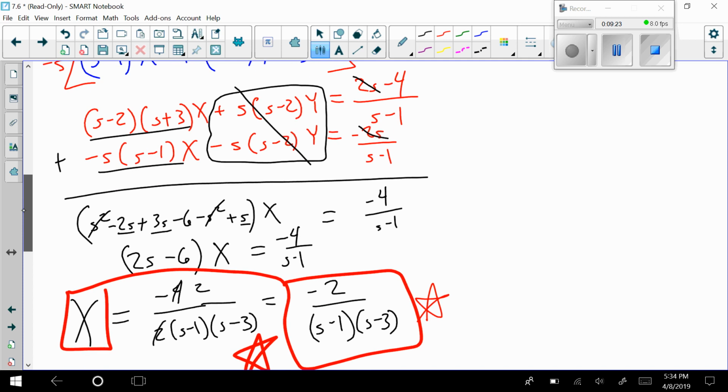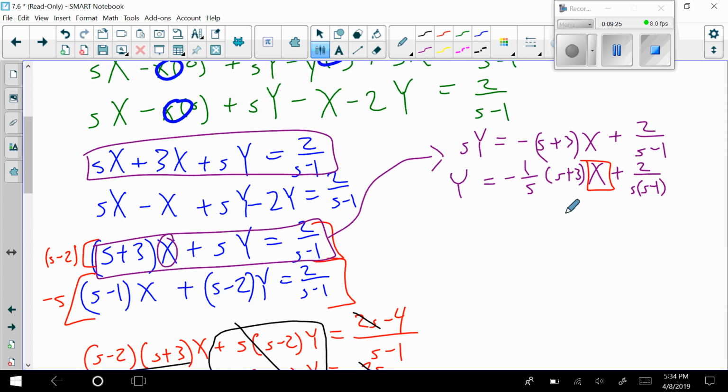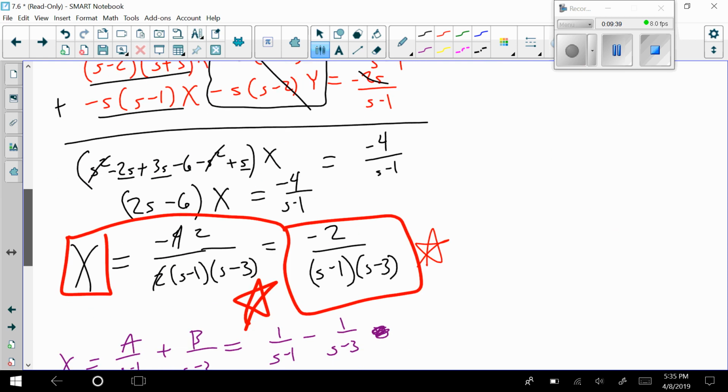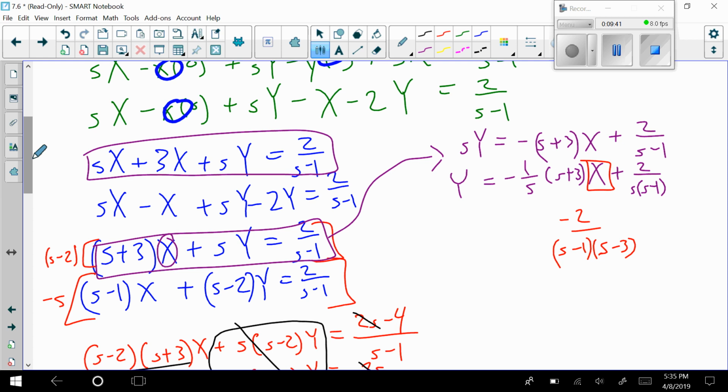Okay, so I have a negative 2 over s minus 1, minus 1 over s minus 3. I got to double check, right? But that is a minus 3 down there.